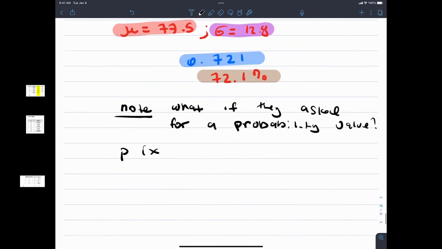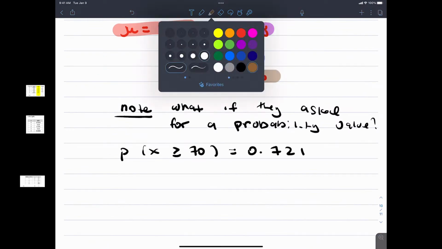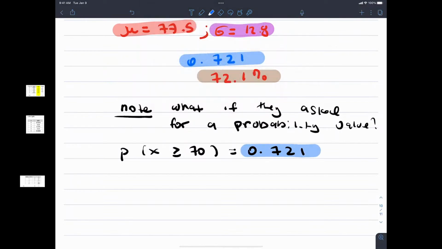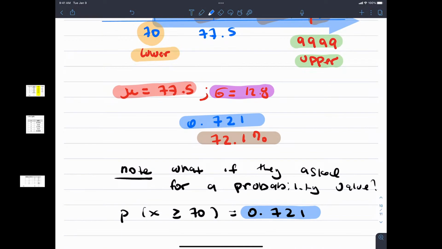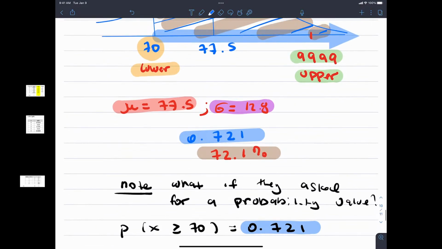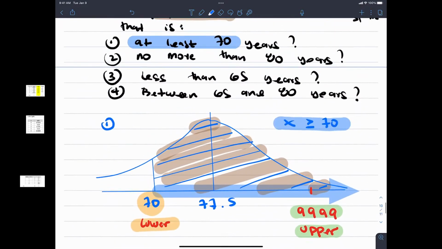Greater than or equal to 70? This is notation. That's going to equal 0.721. Okay, you guys okay with that? So this is if they ask for a probability, and this is if they ask for a percentage.